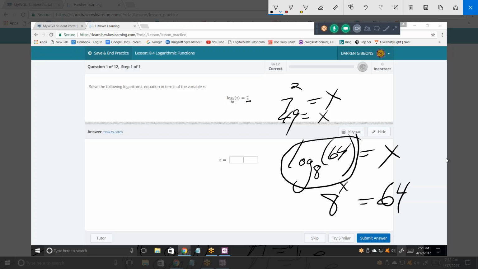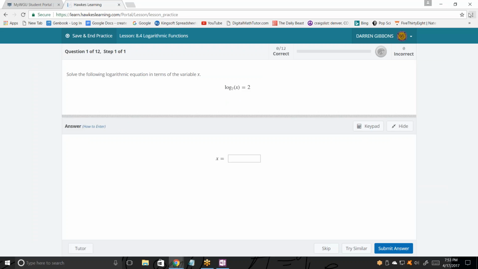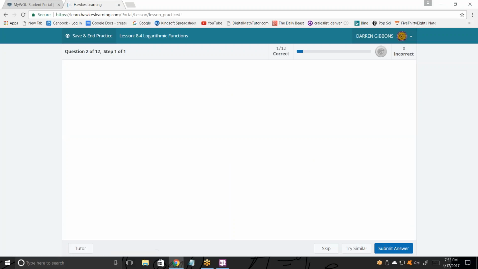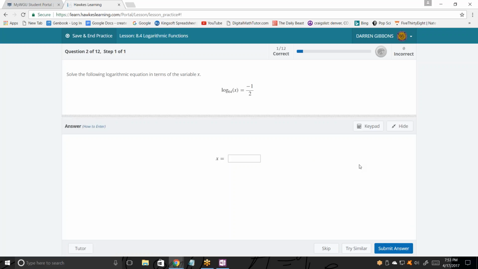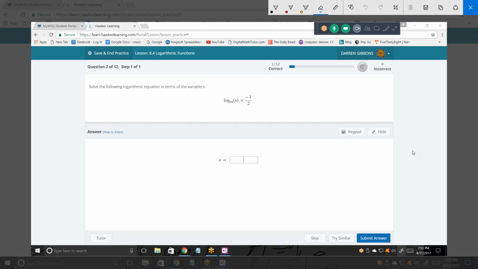Okay. Now, this one was actually a little easier because they put the x inside the argument. But the answer, nonetheless, is 49. What's this one? How would I write this so that I could solve it?